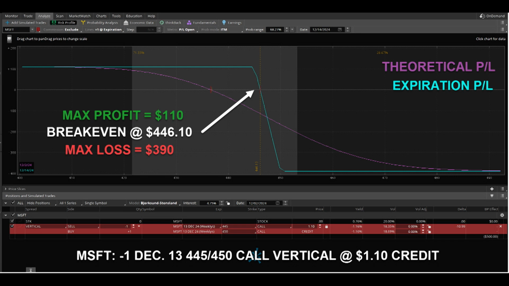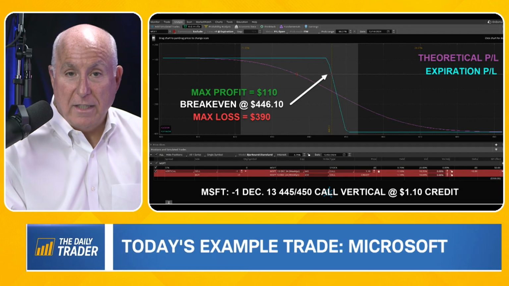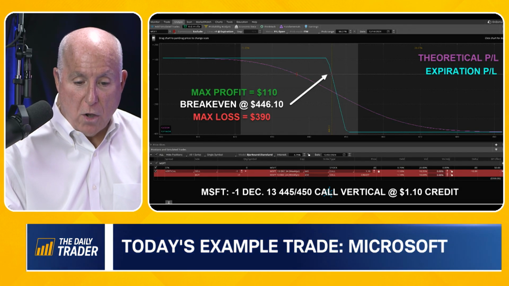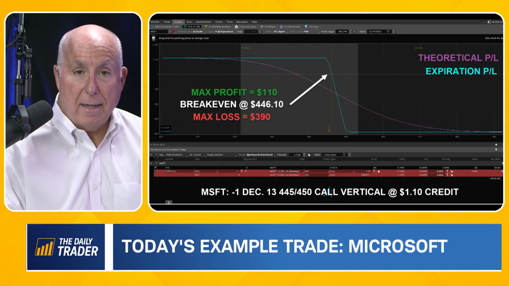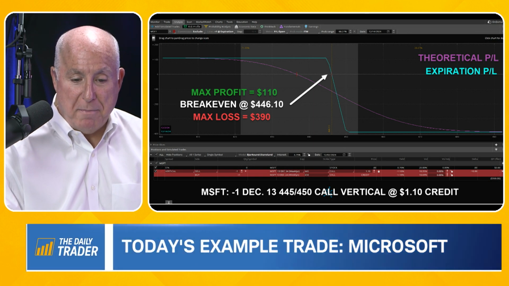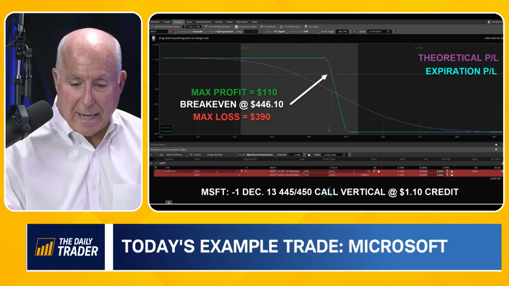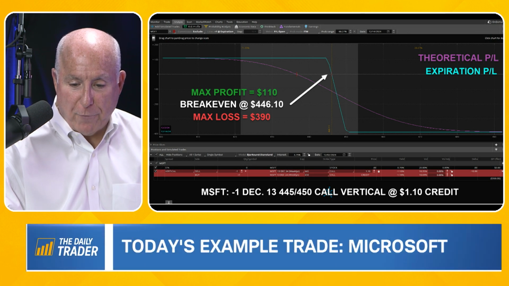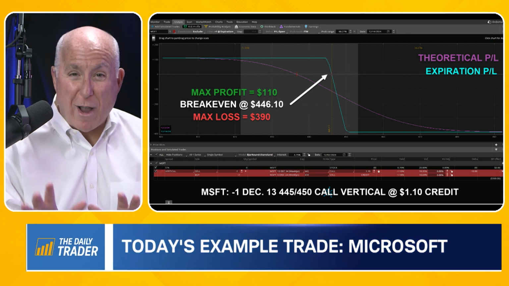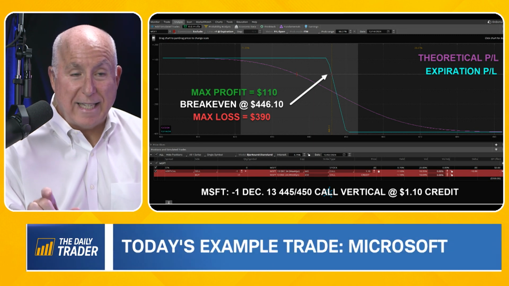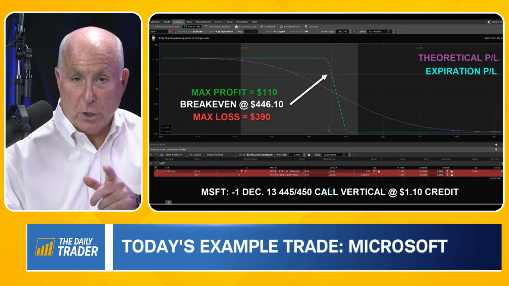Remember, the 445 level is the strike that you're selling. Even though Microsoft has an all-time high made earlier this year of 468, look at the chart and how many times it's failed right around 438, 439, right where they are right now. It's had a tough time getting through this exact level in the past. You can look at that on your chart at home.